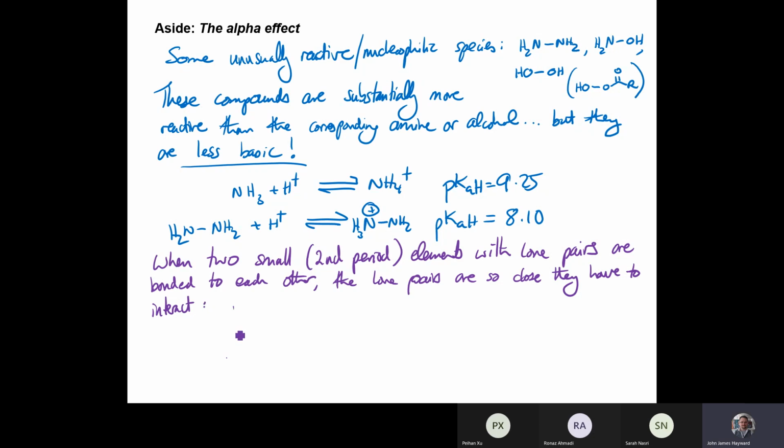Okay, so we can draw this as an energy diagram like this, where we have nitrogen and another nitrogen here, and both of these orbitals are filled. These are sp3 orbitals. And as normal, you form a bonding and an anti-bonding combination. But both of them are filled.